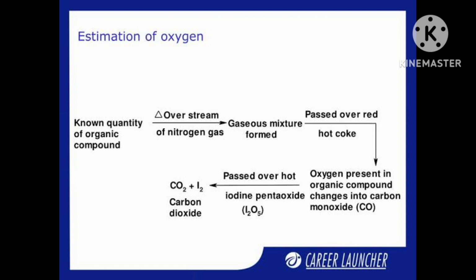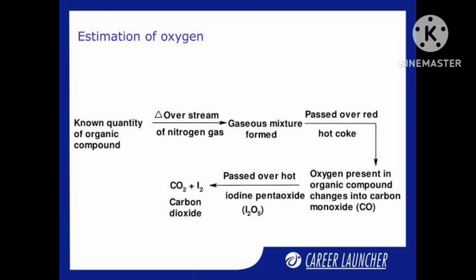Then 1 gram contains 62 divided by 222. Then m1 gram, how much? Suppose the precipitate Mg2P2O7 you got was m1 gram. Then just multiply by m1 gram. And if you want to convert to percentage, then you write 100 upside and the mass of the compound down, that is m.